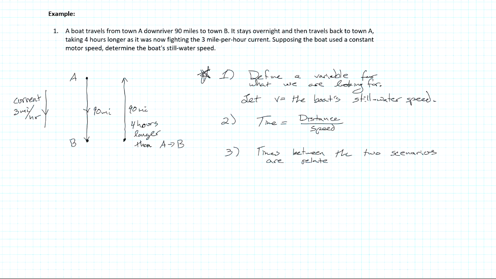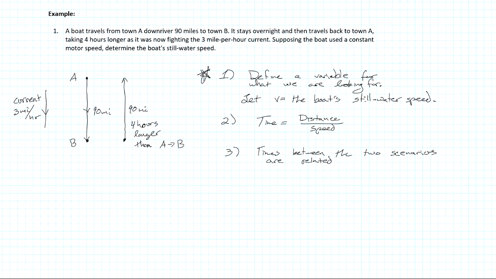Right, so each scenario we are going a different speed because the current's helping or hindering us. But those times are related by that 4 hours, right? It takes 4 hours longer for the second trip than it did for the first trip. 4 hours longer when we're fighting the current than when we're going with the current.